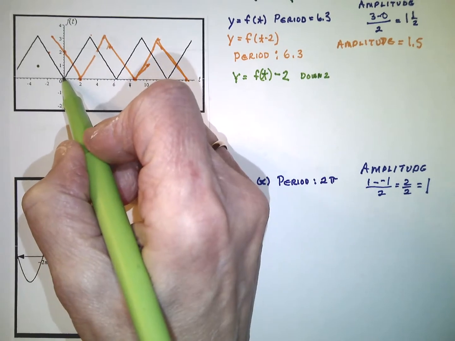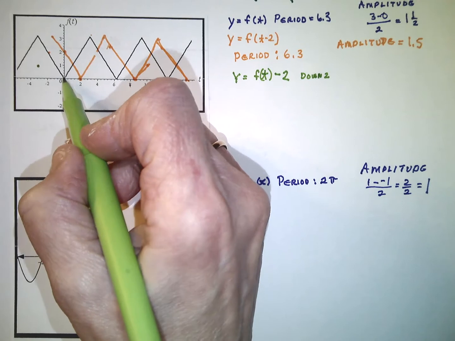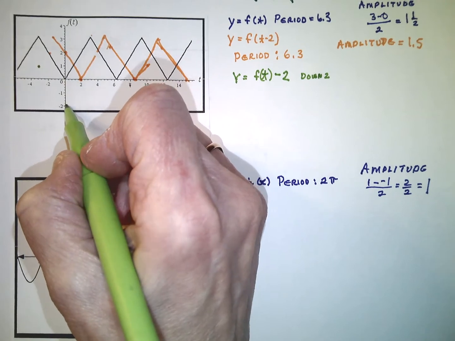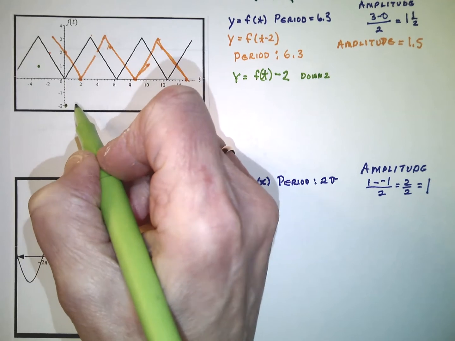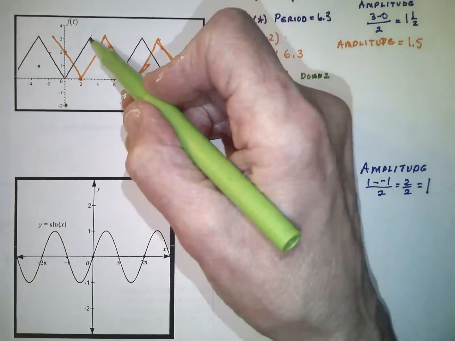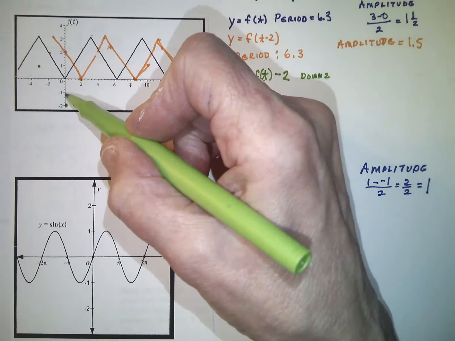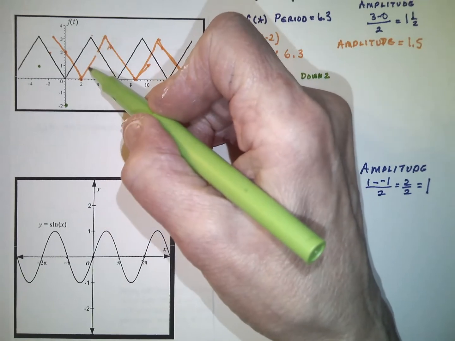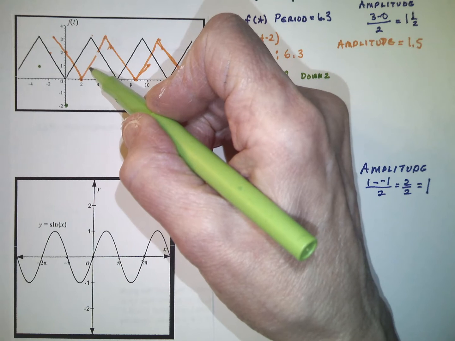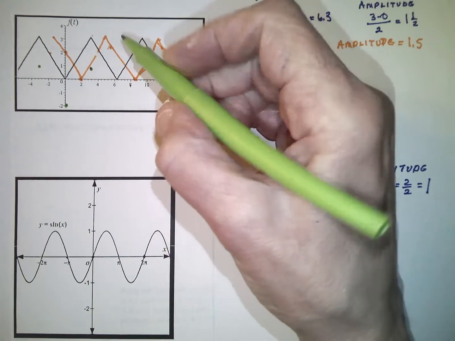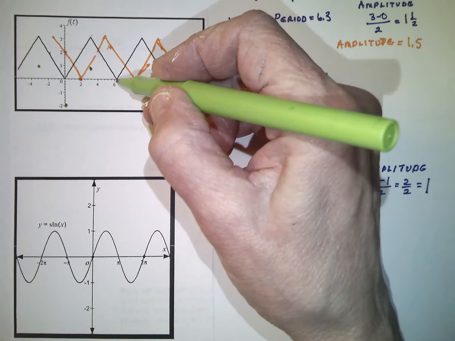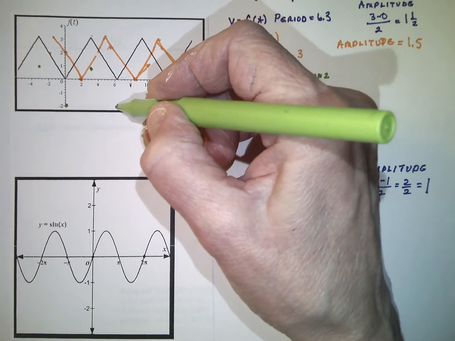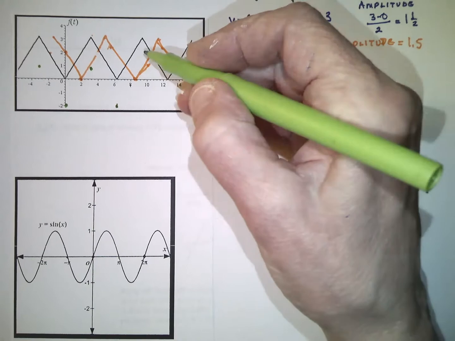At 0, the y value used to be 0. Sorry, the f of t value used to be 0. But now it's down to negative 2. And where it used to peak at 3, that's down now to only 1. And likewise at 6.3, that's going to be down here at negative 2 instead of at 0.